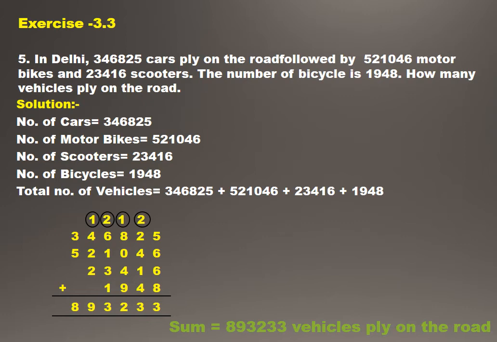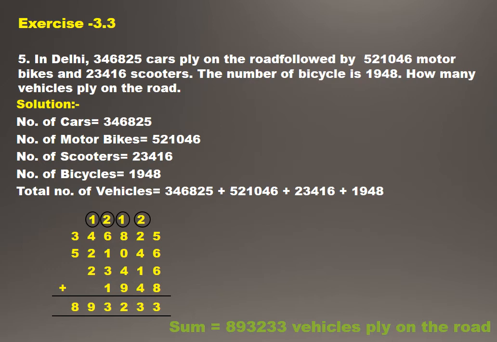3,46,825. Second, road followed by 5,21,046 motorbikes. What is the second statement? Number of motorbikes is 5,21,046. And number of scooters is equal to 23,416. Number of bicycles is equal to 1,948.